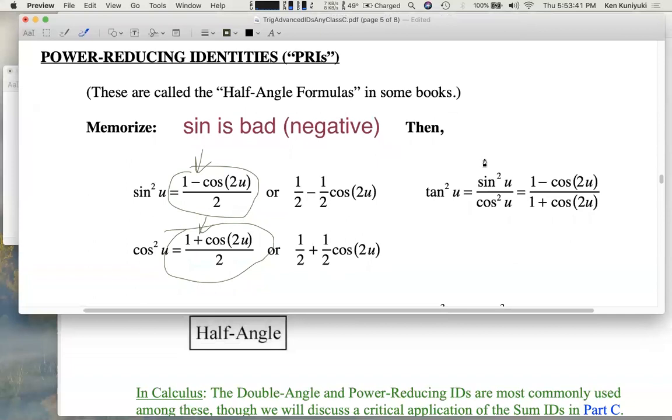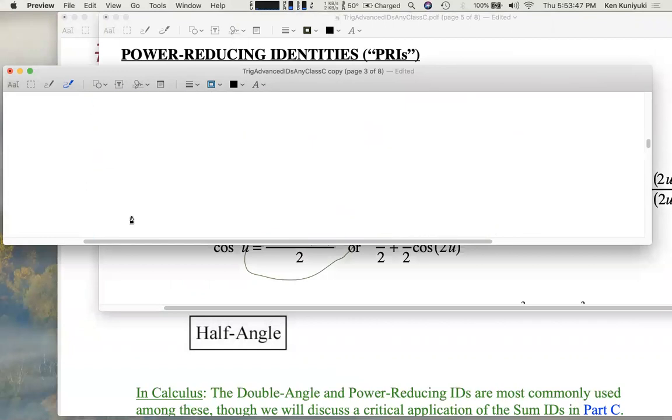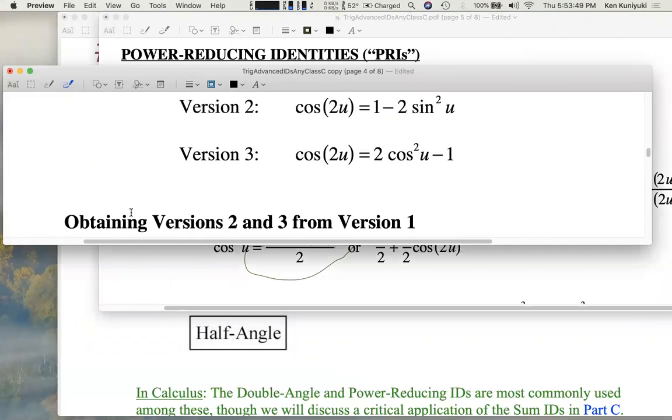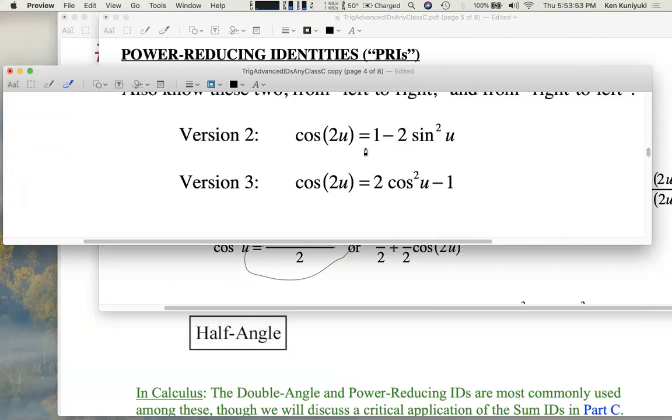How do we get them? How do we derive them? Well, let's look at these derivations. We get them from these two special versions for the double angle identity for cosine, cosine of 2u.